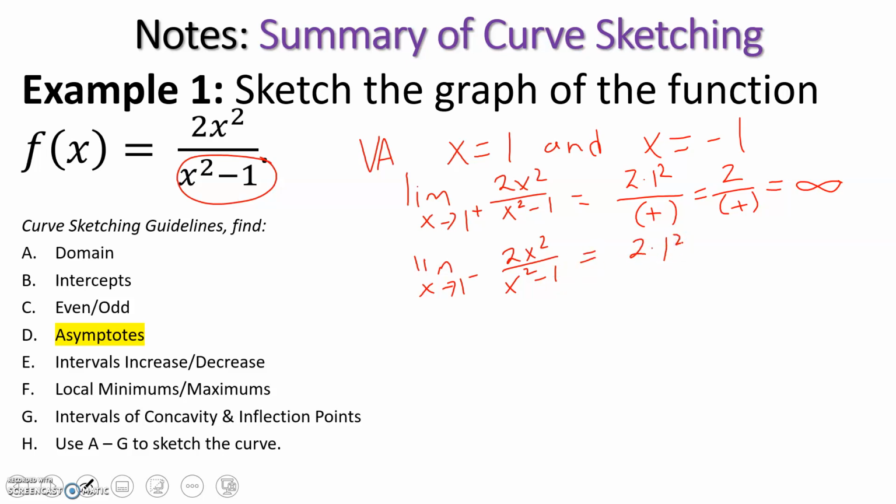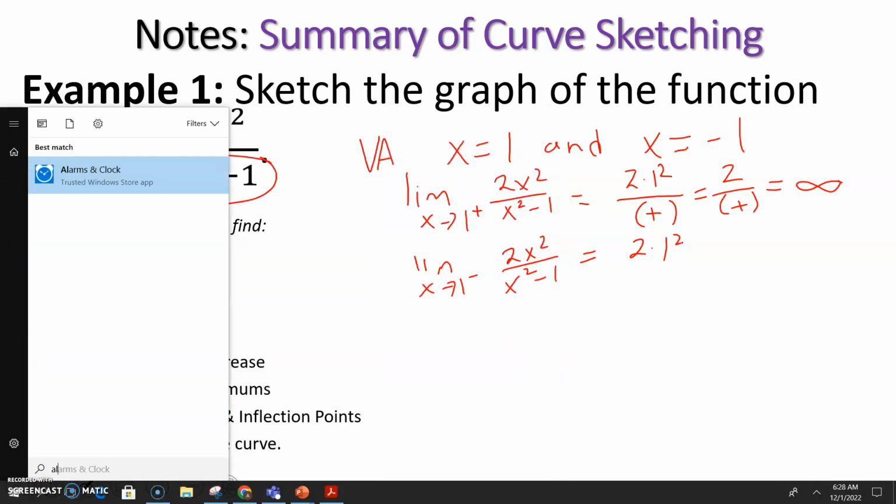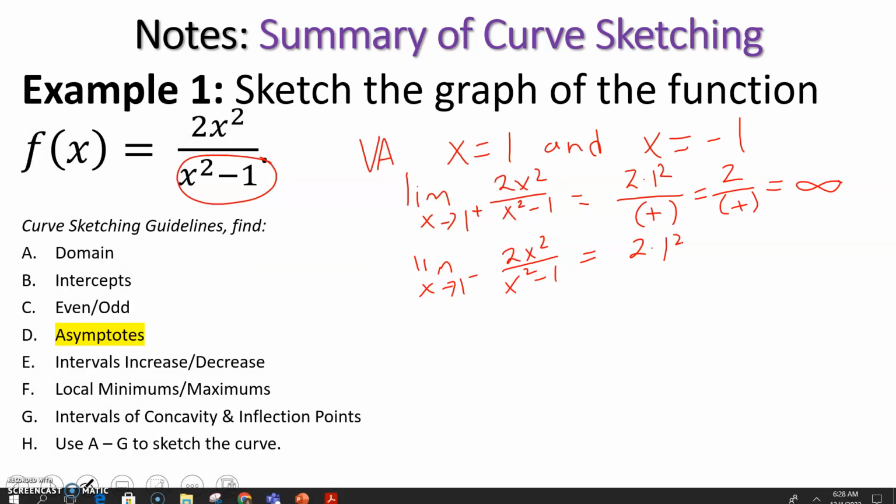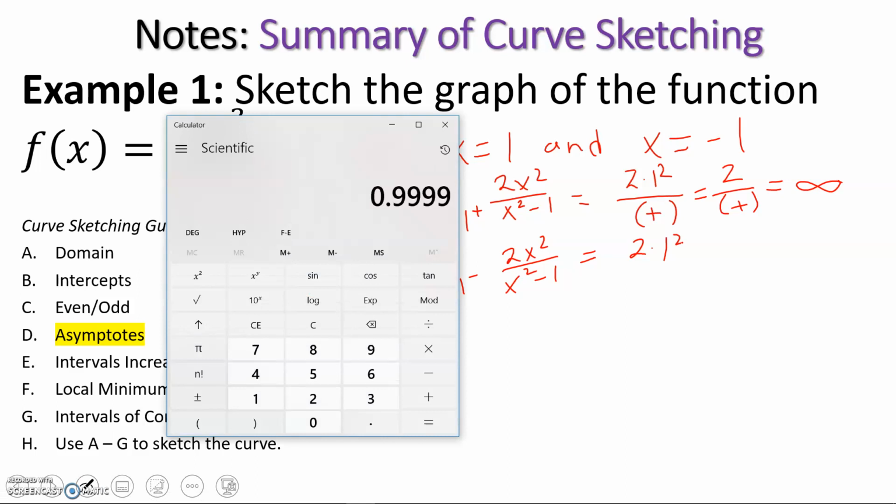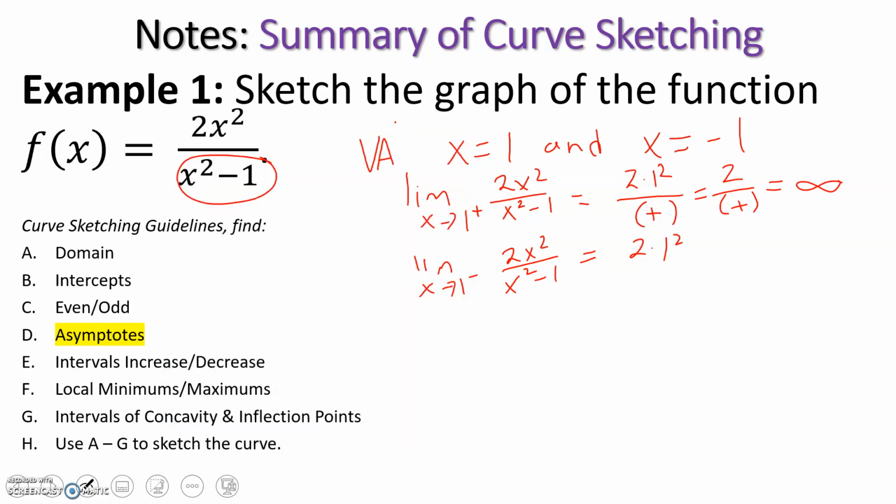Because even though I plug in a number less than 1, like, let's say 0.9999, and I square it, actually, I misspoke. When I plug in a number less than 1, it's going to come out less than 1 when I square it.